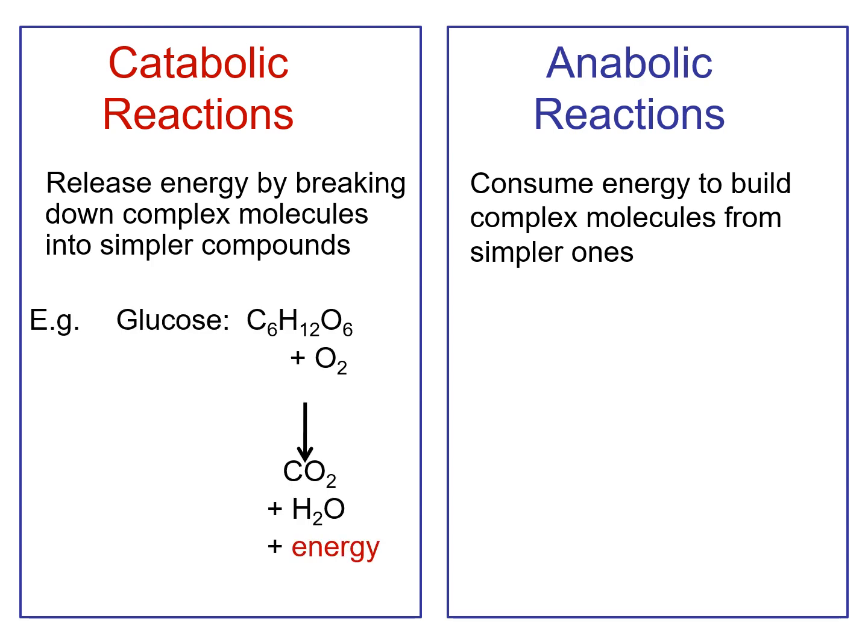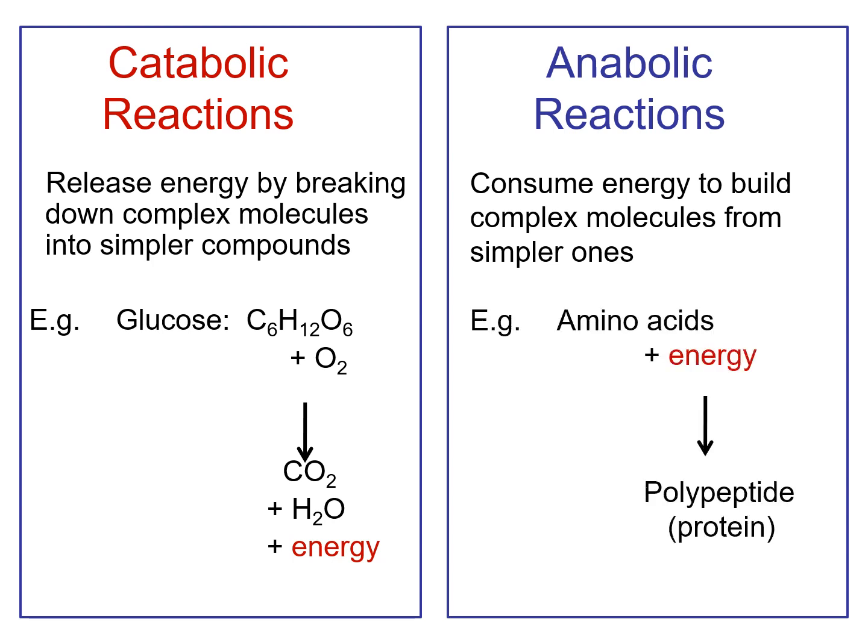Once again, examples, glucose can be broken down in the presence of oxygen to simpler molecules, carbon dioxide and water, and we have energy being freed up. Amino acids can be linked together to form proteins, but that requires an input of energy.